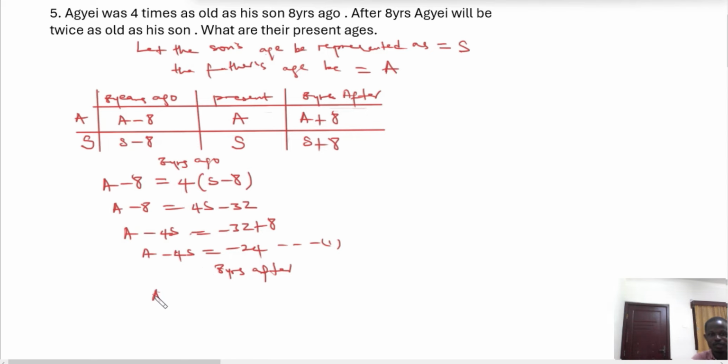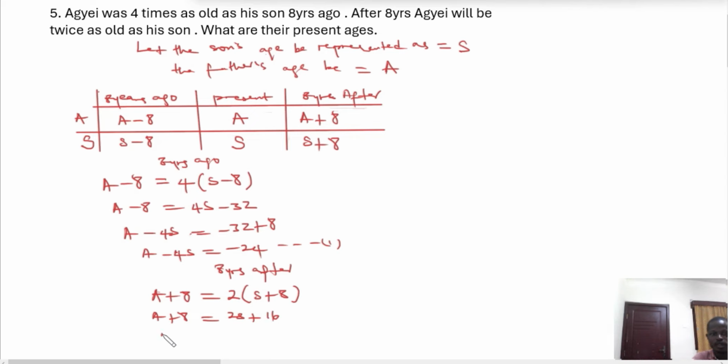So we write A plus 8 is equal to twice as old as his son 8 years after. This is how we interpret this question. Now let's rearrange this: A plus 8 is equal to 2 times S, which is 2S, plus 2 times 8, which is 16.